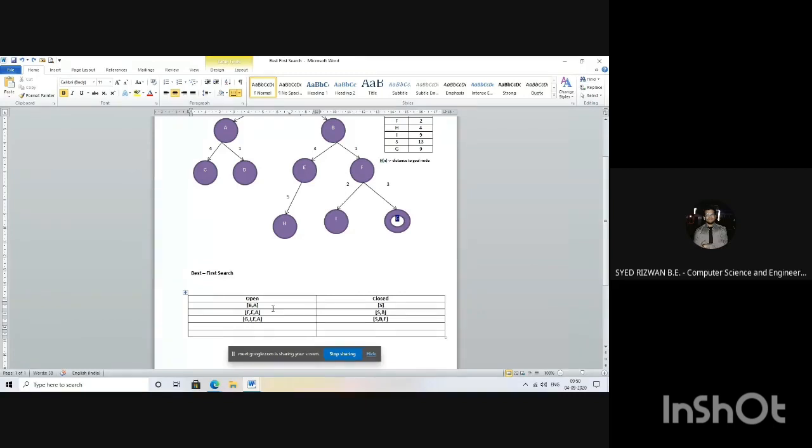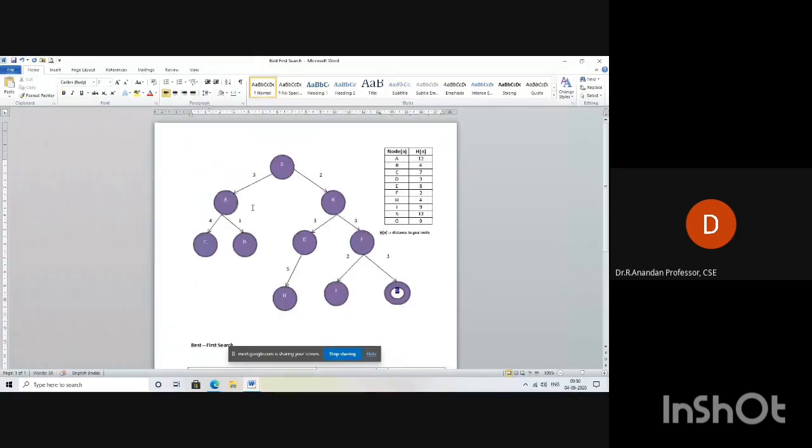So how are we considering S as closed, sir? Can you explain, sir? Now take this graph. How many possible ways are there to go to the goal node?